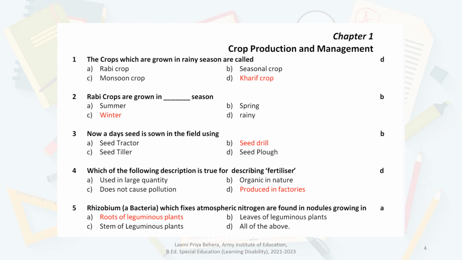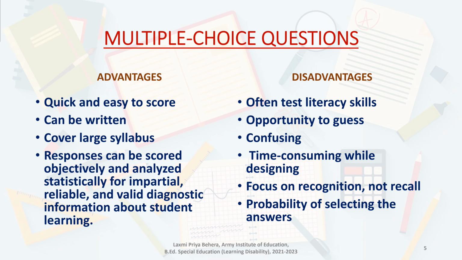In this slide, we can see the multiple choice questions. Multiple choice questions are quick and easy to score by hand or electronically. They can be written so that they test a wide range of higher order thinking skills.